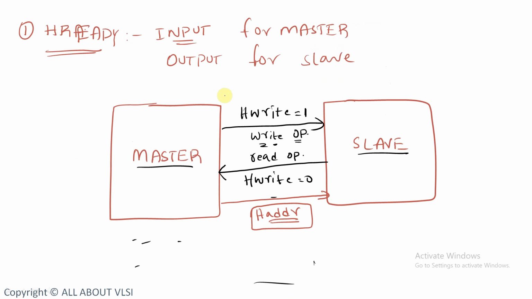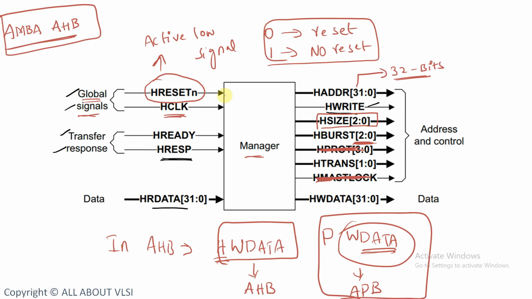So these are the signals which are associated with our master. So the first one is reset signal, which is an active low signal, followed by HClock signal, HReady signal, HResponse signal, HR data signal. These are all our inputs, and HReady, HResponse, and HR data, these three signals are given by our slave.